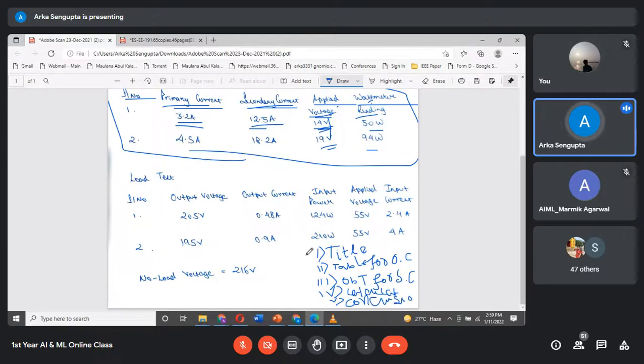For the load test, you have submitted the title. For the load test, you need to submit title, device under test, and then equipments used.